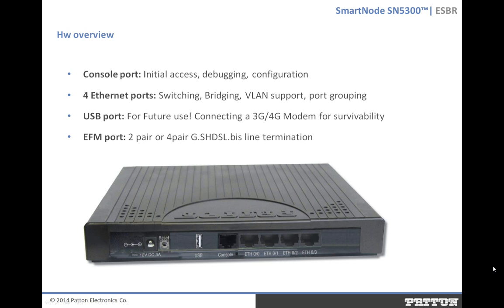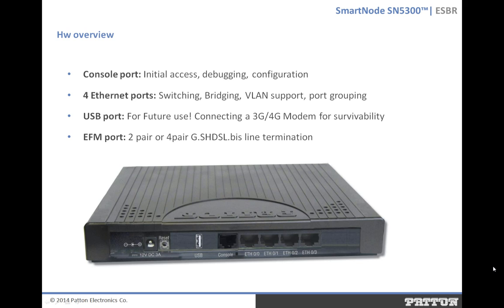Furthermore, we have a USB port, which is pretty new in terms of hardware in the Patton product portfolio. The USB port isn't in use right now, but we are working on getting the software done so that at a later stage, for survivability applications, a 3G or 4G modem can be connected to cover network outages on the SIP trunk side.